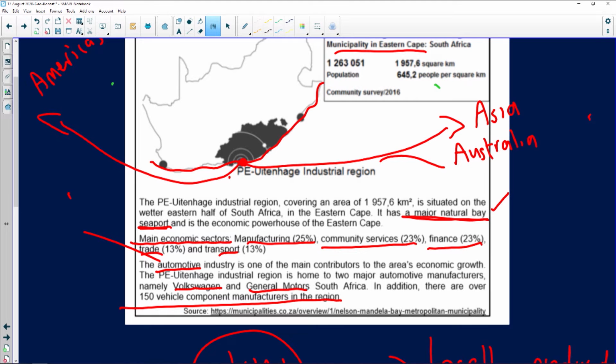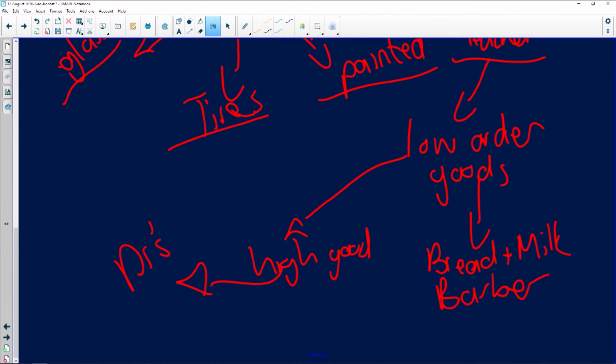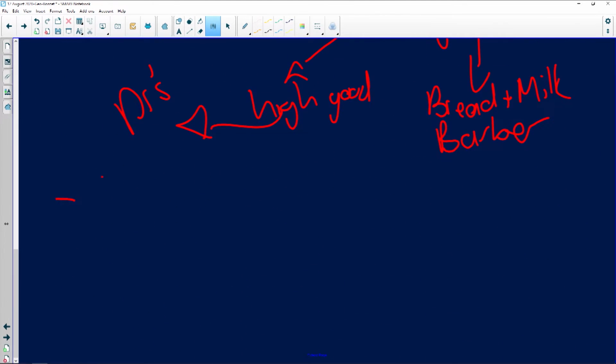And they've mentioned it. There was a natural bay. So I want to write it down there. First of all, there was a natural bay. So for infrastructure to develop, it's much cheaper because they didn't need to spend that much money to create a port or a bay. Natural bay.